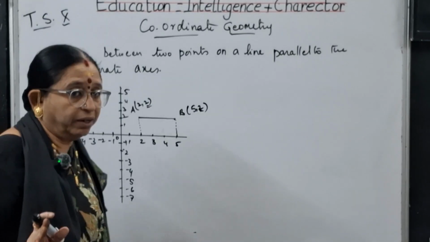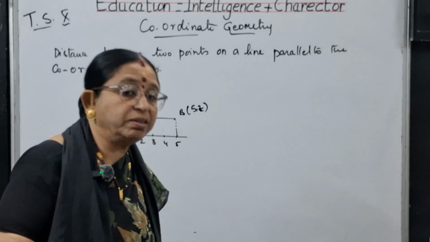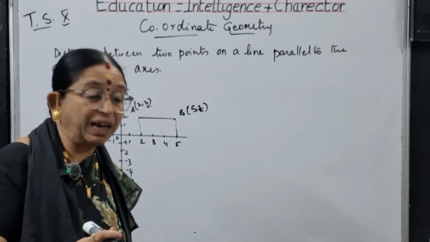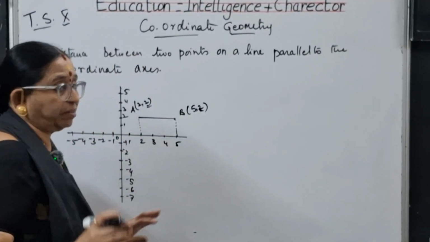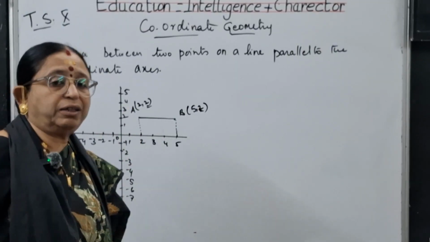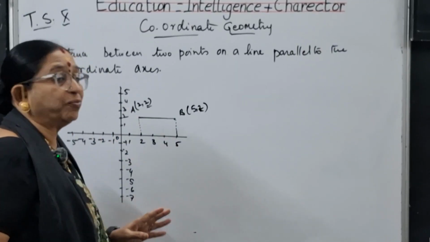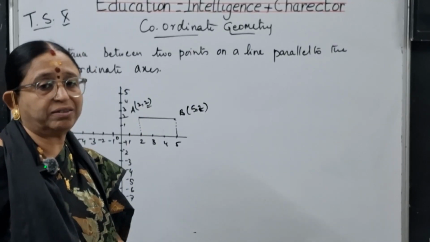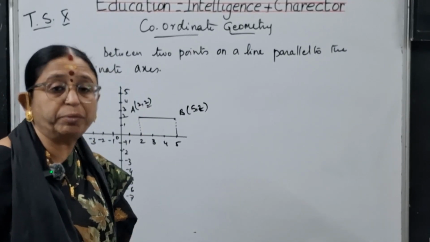Remember children, in your sums, they will not give these ordered pairs like this with the graph. Just for the sake of understanding, I am explaining. Hereafter, in the problems, you have to identify whether the given one is parallel to x-axis or parallel to y-axis. So how should you remember that?